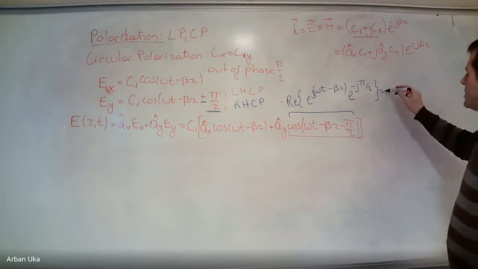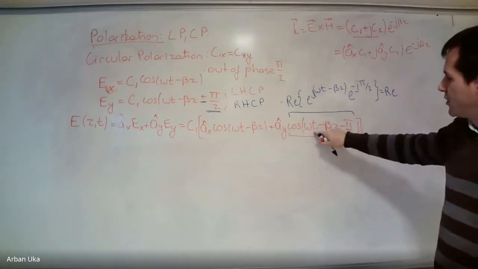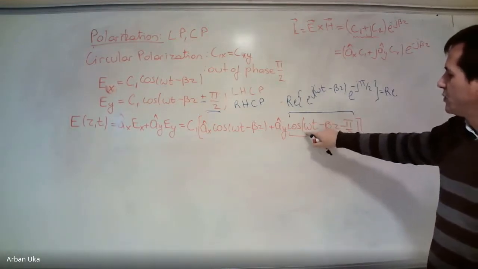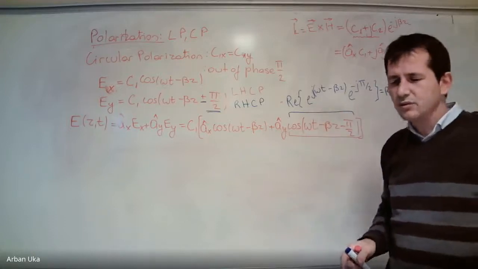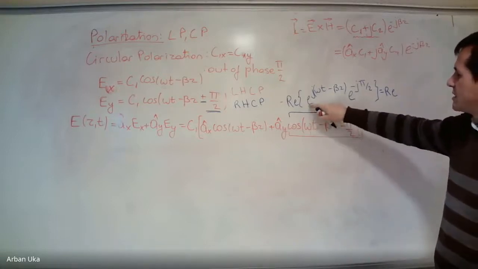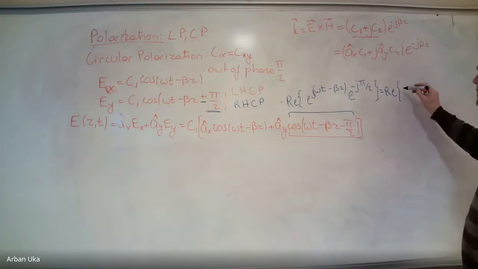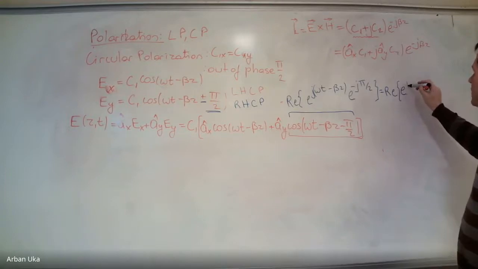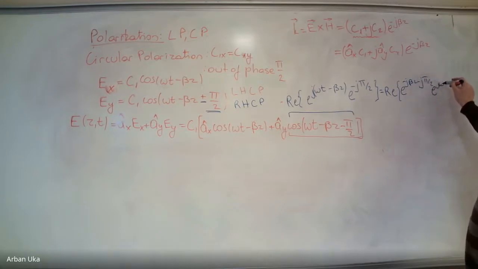We are going back in time. How did we get this? We remember from the phasor discussion, which we started last semester together in the electromagnetic field theory class. As a reminder, this is the real part of the phasor, which looks like this: e to the power minus j beta z minus j pi over 2 times e to the power j omega t.